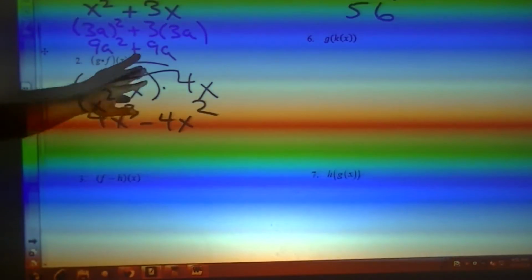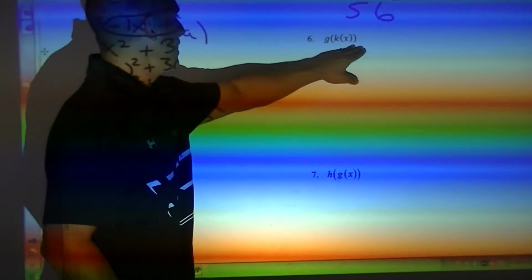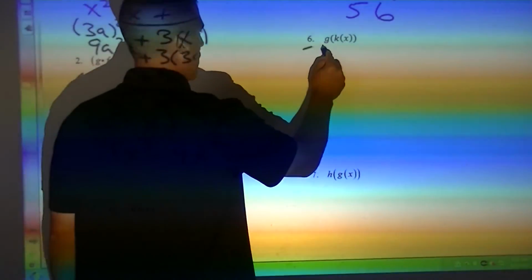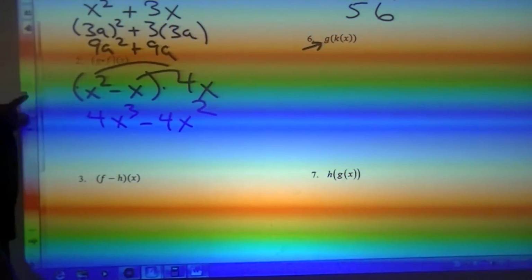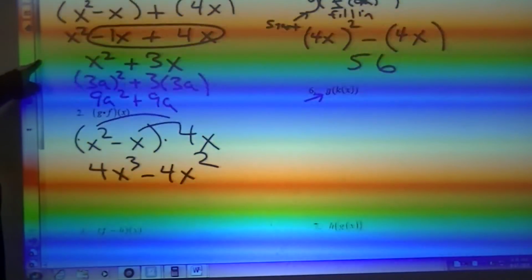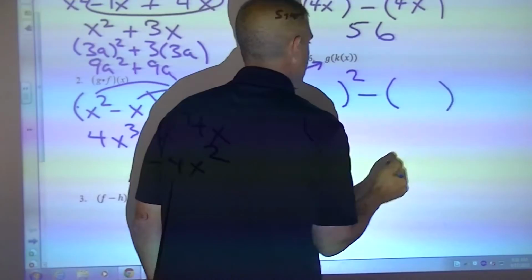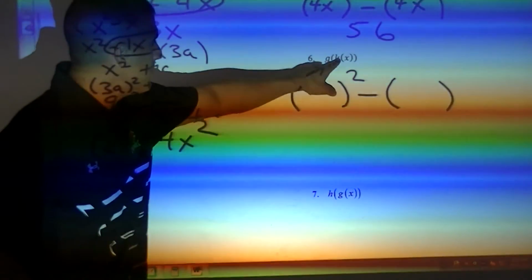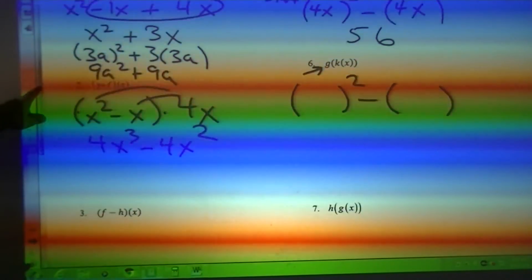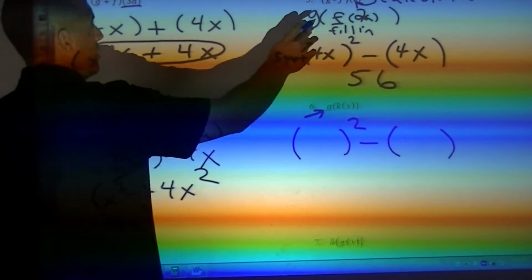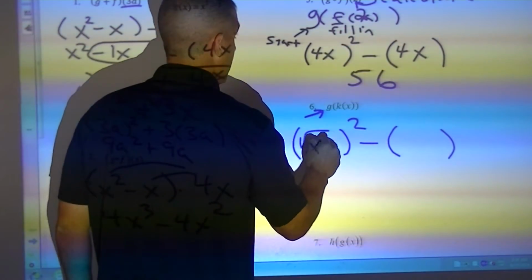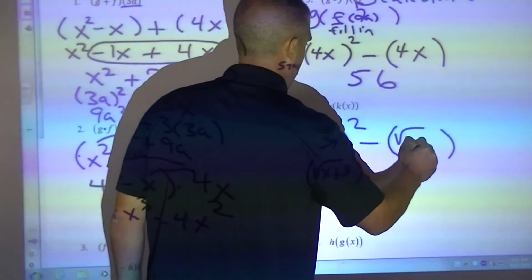Since there's an x there, I leave it. G of k of x, so I'm going to start with G. The G function here is x squared minus x. So once again, I'm going to put a set of parentheses here where x was. Now, I'm going to fill in the k function. What's my k function? Square root of x plus 3 for each one.